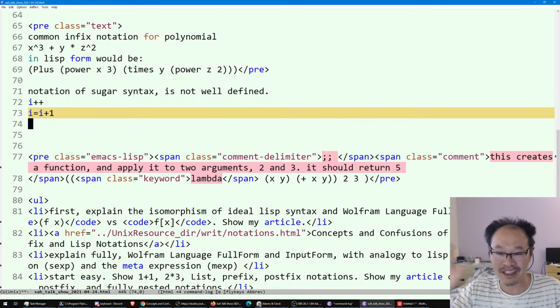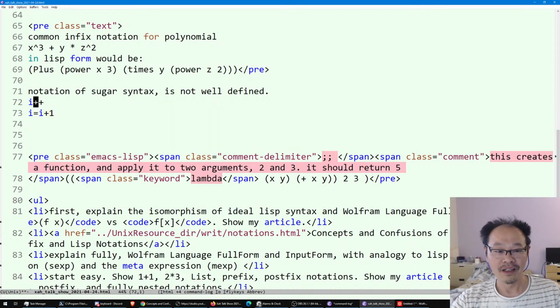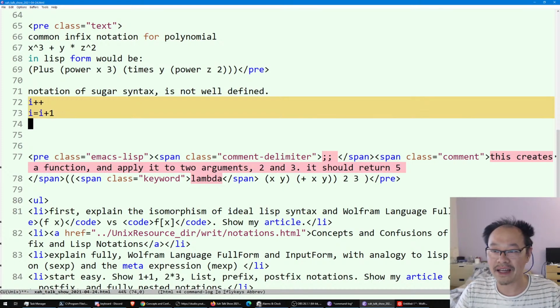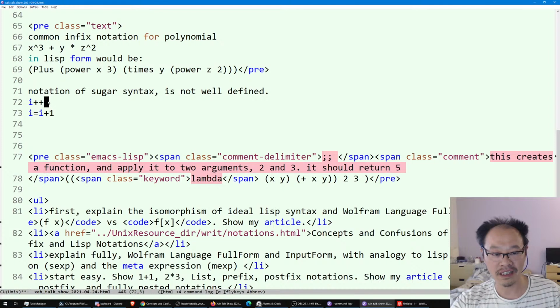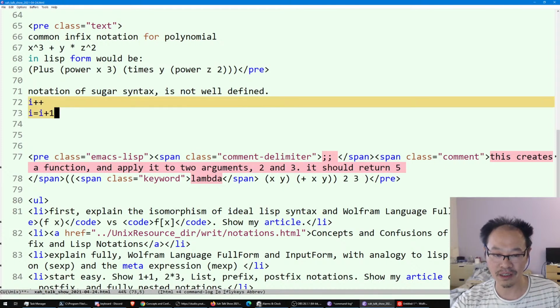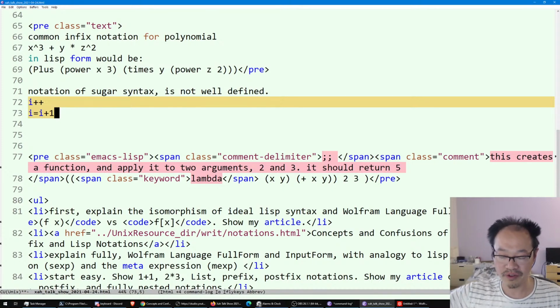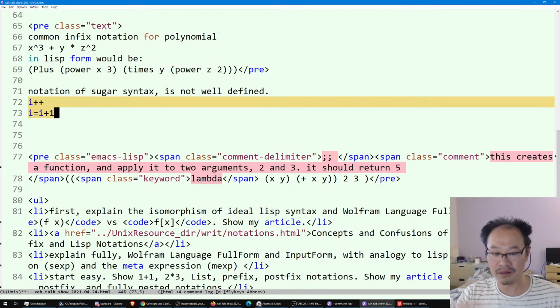That's a problem. My point is these two are not syntactically equivalent. When the compiler sees this, it doesn't simply translate it into that and then compile. These two actually compile into different assembly code, depending on context.